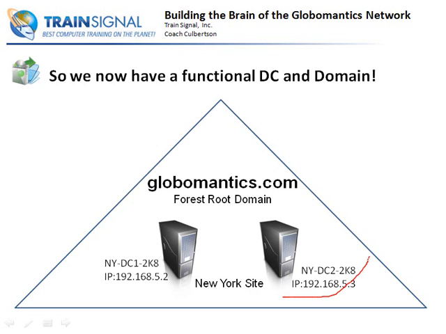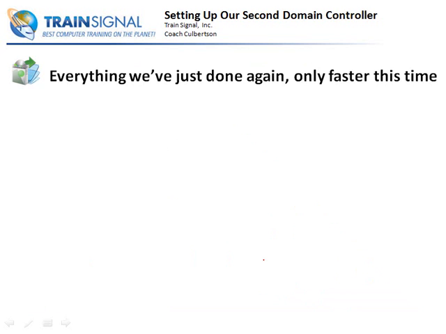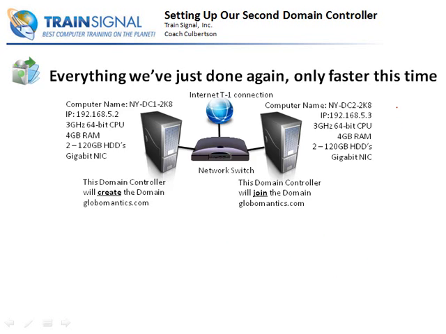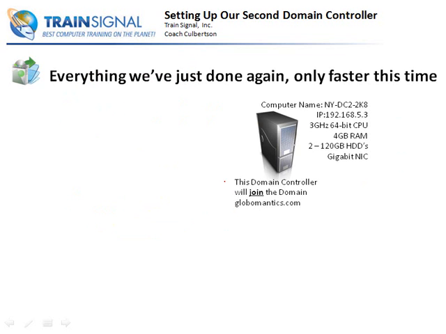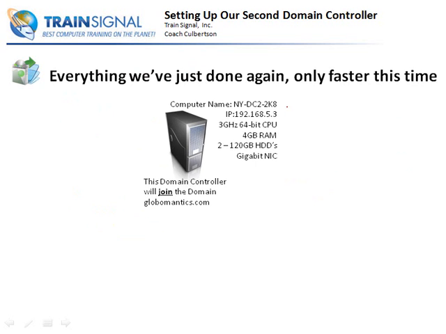We're going to now focus in on our second domain controller that's going to be joining our globomantics.com domain. So we're just going to do everything that we just did. Only we're going to do it a little bit faster this time because you now know the process. Again, we have built this guy. We can go ahead and put a check mark in him. And then we're now going to be focusing in on this piece of hardware, New York DC2.